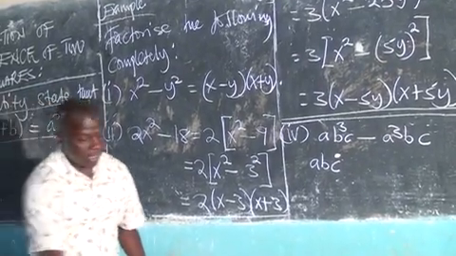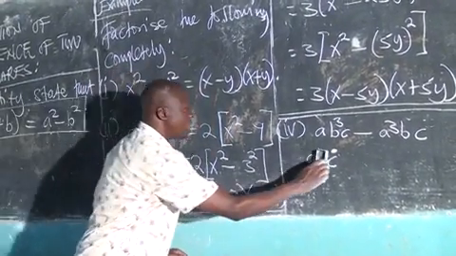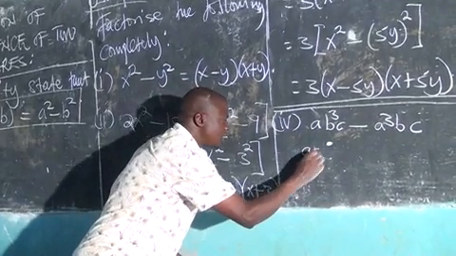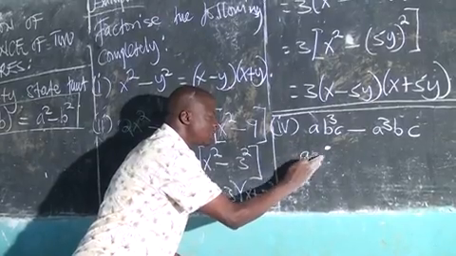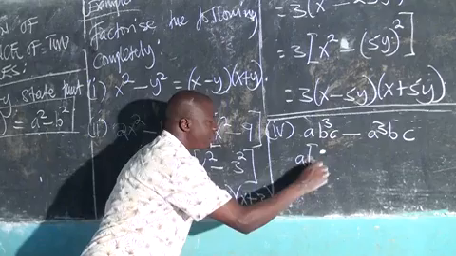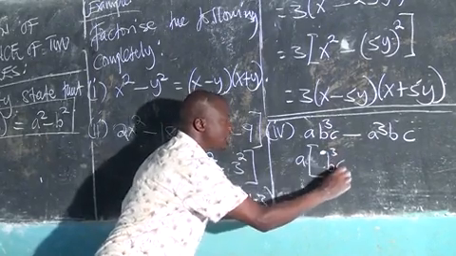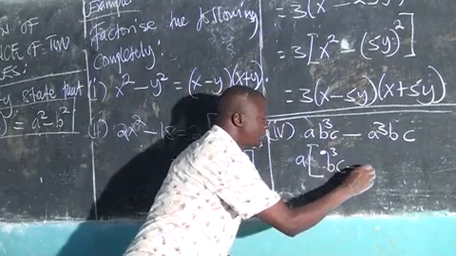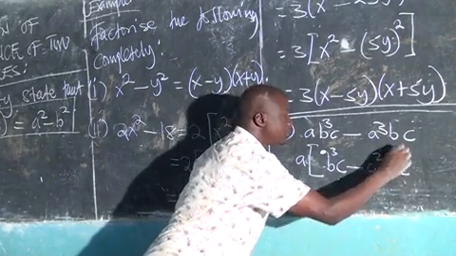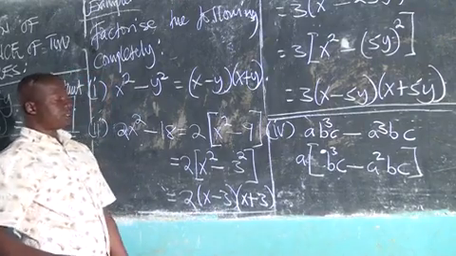Let us begin with the a. Meaning that we have a into b cubed c minus a squared bc.